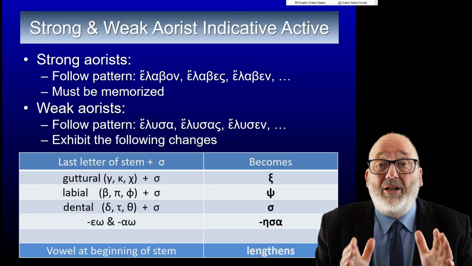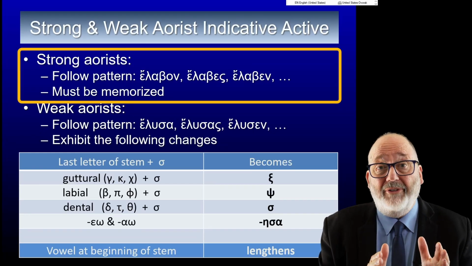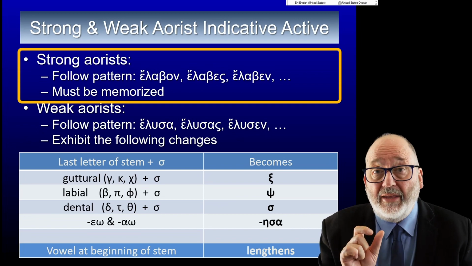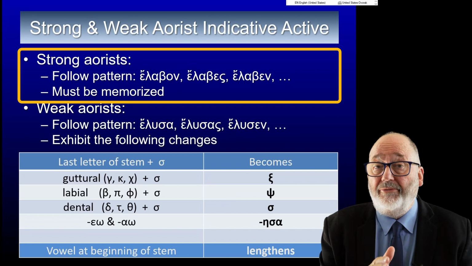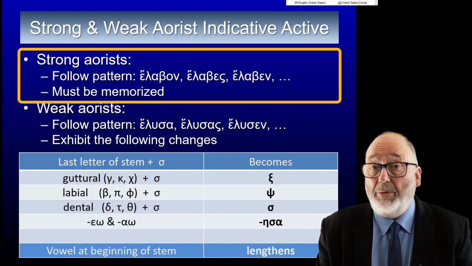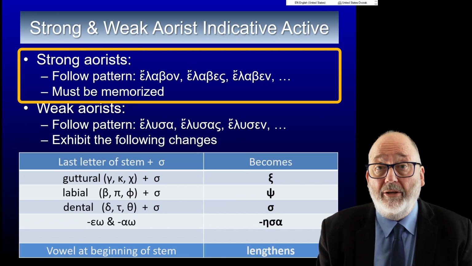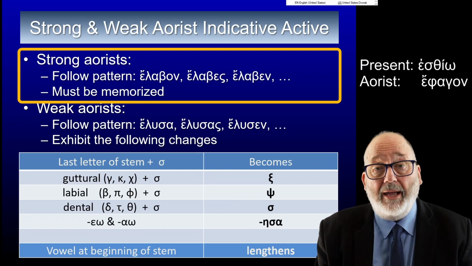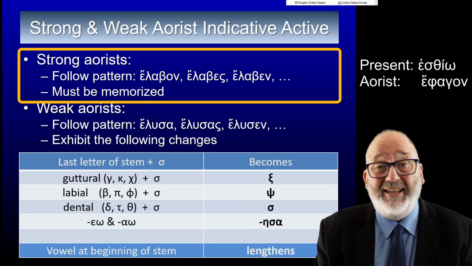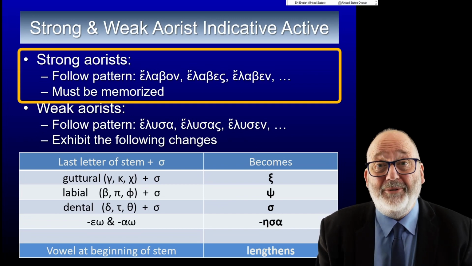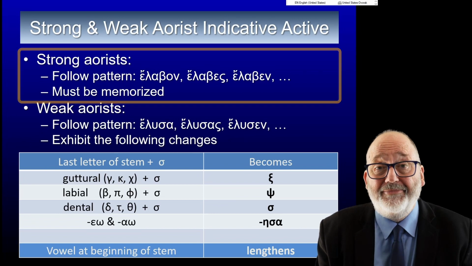All right, strong aorists follow the pattern of elabon, elabes, elabe. So they have their own endings. They're different from the weak aorist endings. So with the strong aorists, we just have to memorize them. So we learn that esthio has an aorist of ephagon, etc. Now, actually, strong aorists turn out to be the easy ones to recognize.